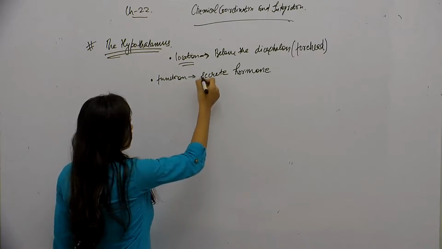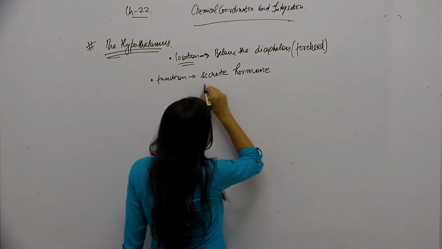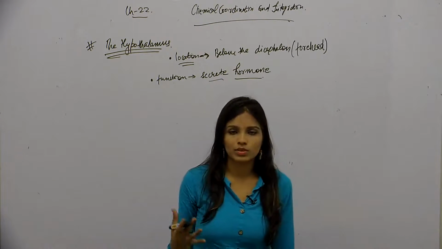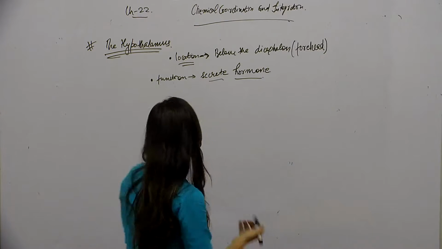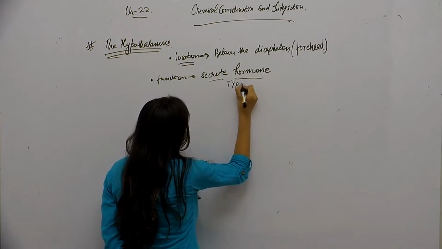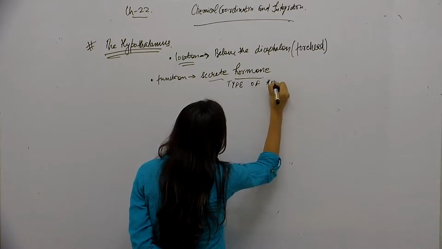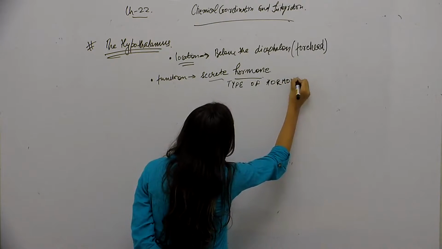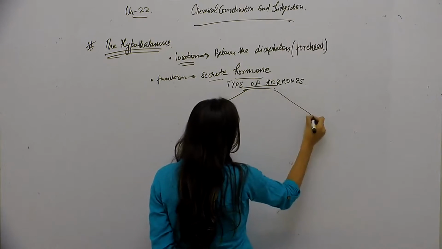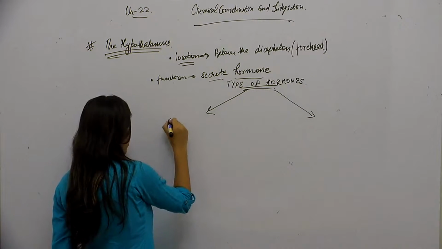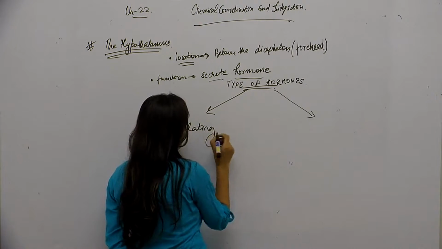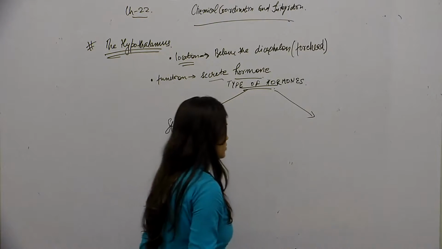So this was about the function to secrete hormones, and there are basically two types of hormones that the hypothalamus secretes. The first one is the stimulating hormone, and the second one is the inhibiting hormone.